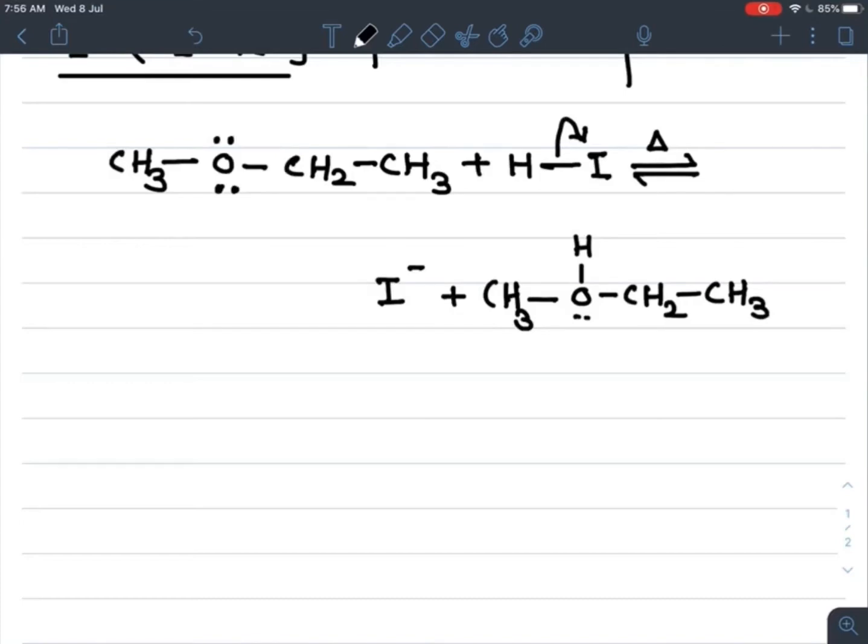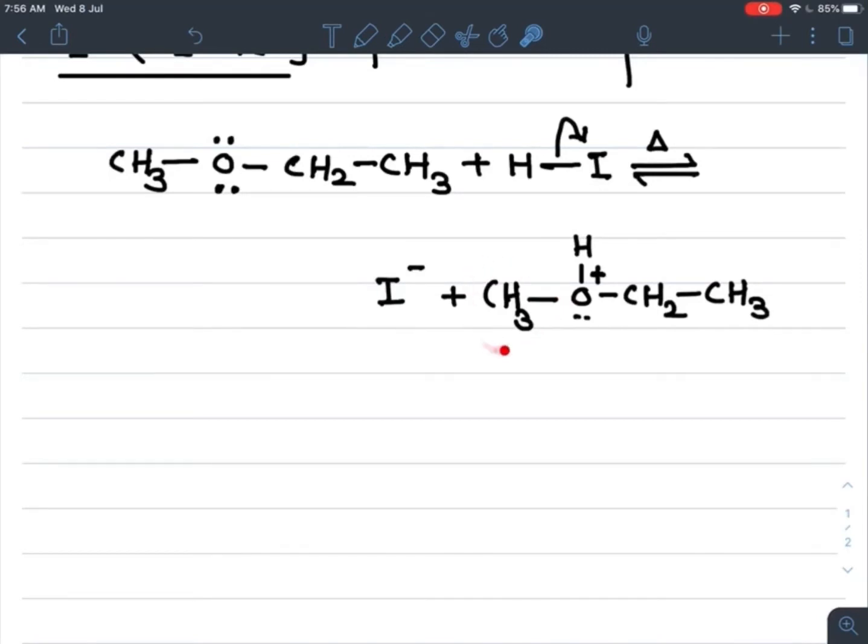Now when the reaction proceeds further, due to the donation of the pair of electrons, the oxygen acquires a positive charge and becomes unstable. Now this bond breaks between carbon and oxygen.